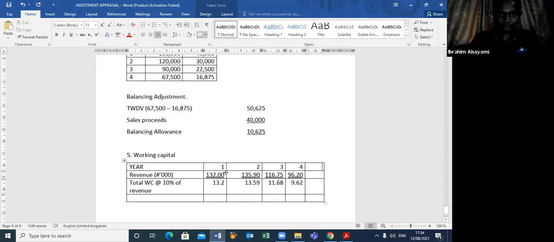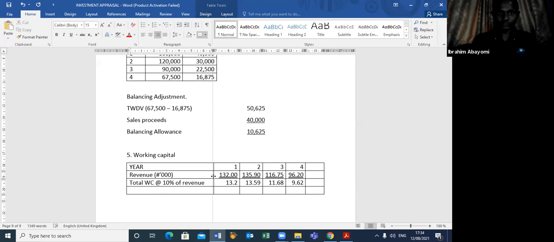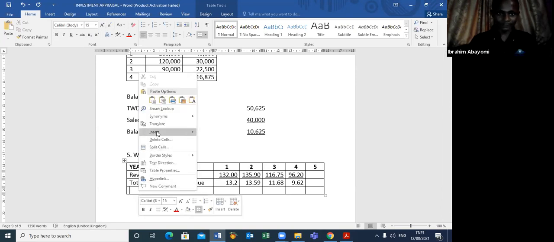I'm going to explain the reason why I have that year 5. Let me also add a row down.